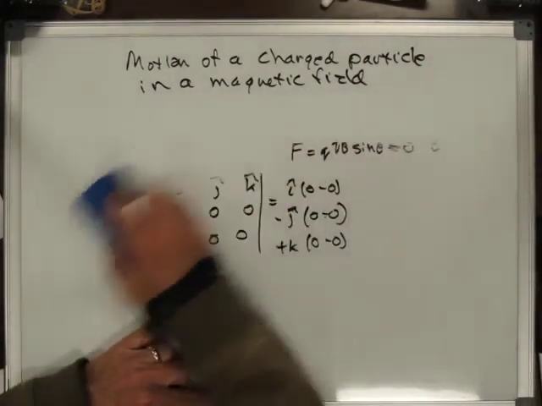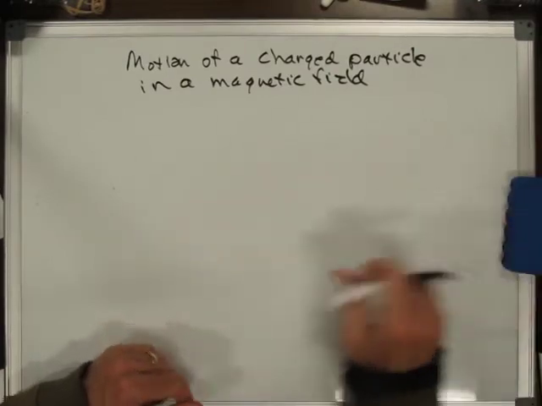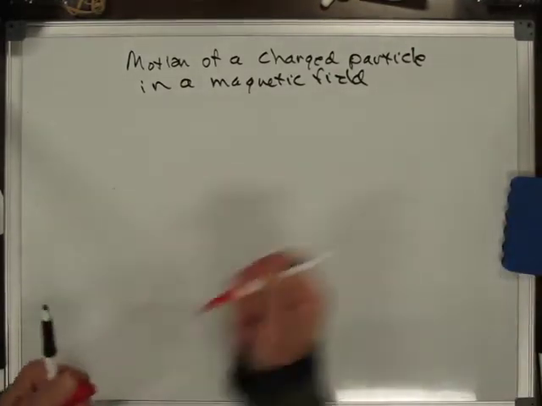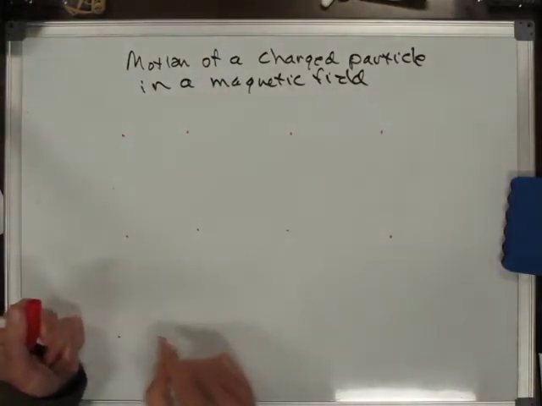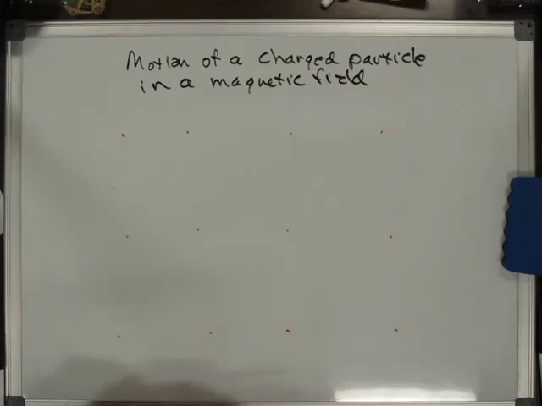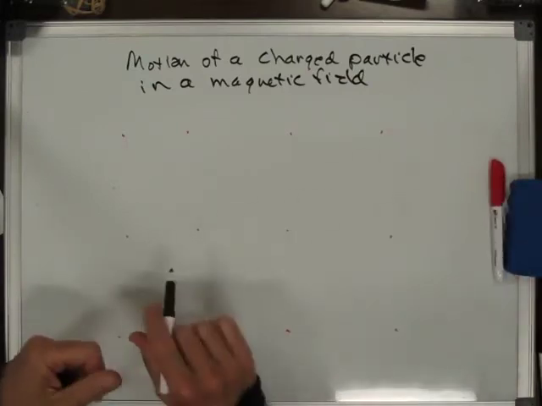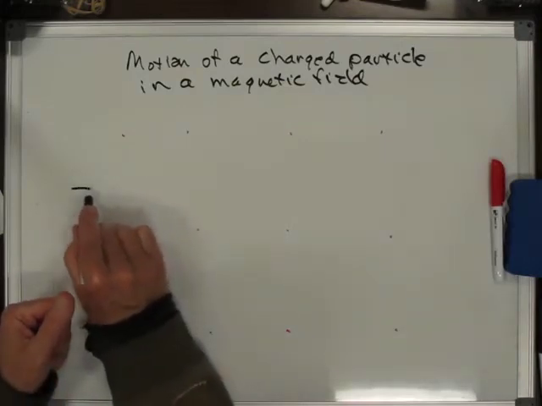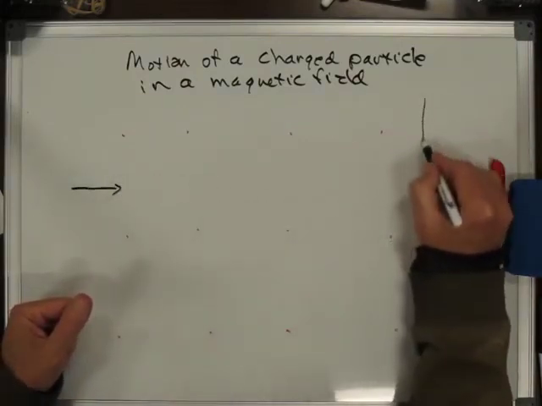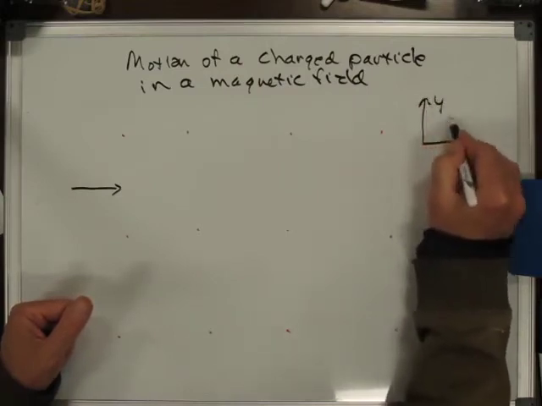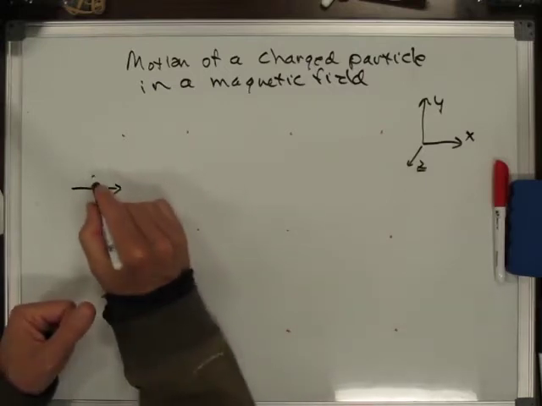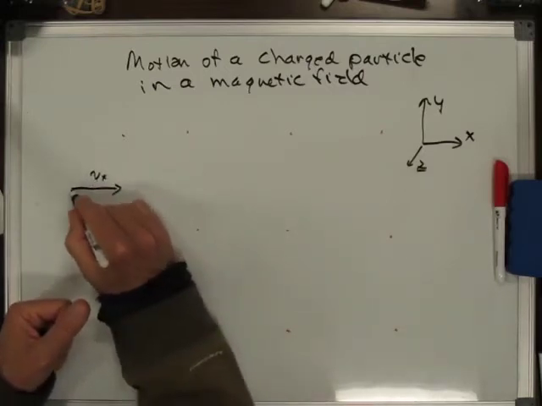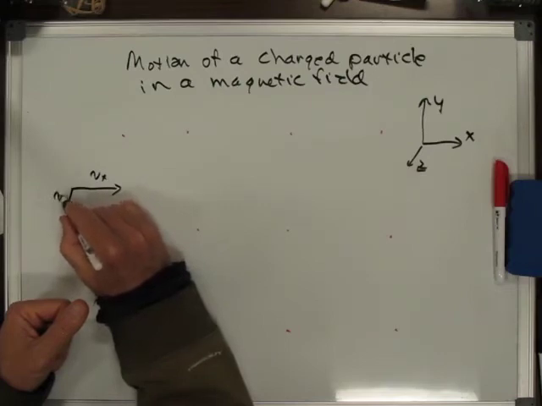So now we can go back to looking at the problem we had a second ago, where I had a magnetic field look like this. And now let's say my charged particle has a velocity with a component. So this is the y-x plane, and the z axis is coming out of the board. Let's say this is my v sub x, but I also have a v sub z, right?